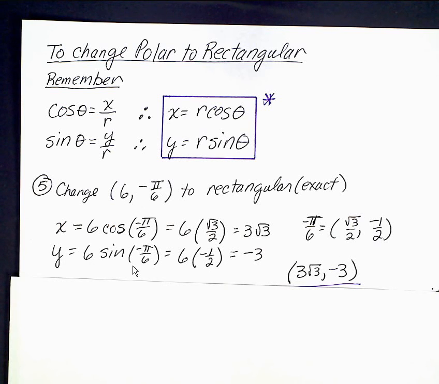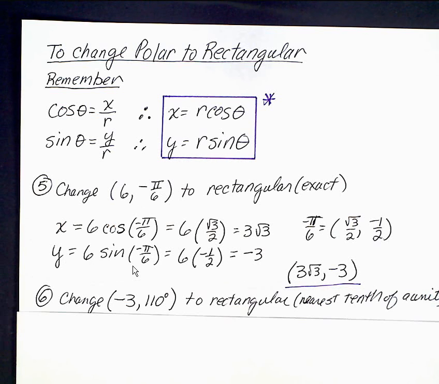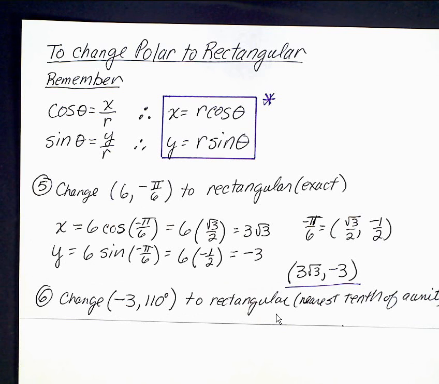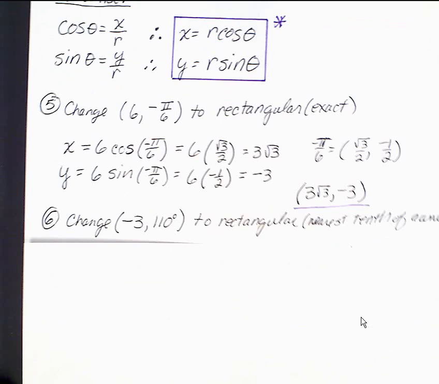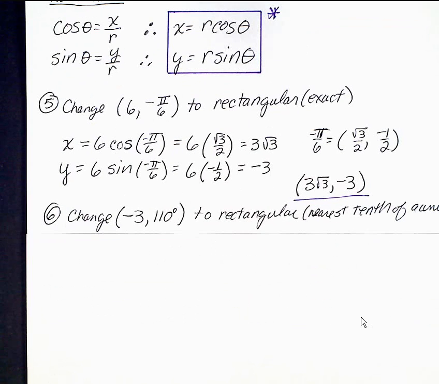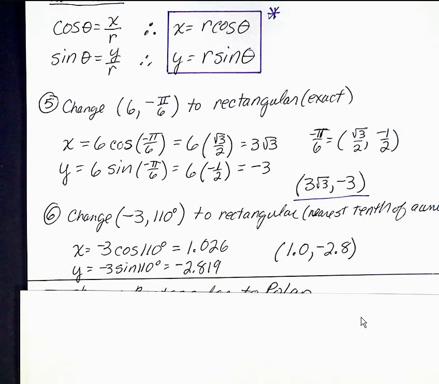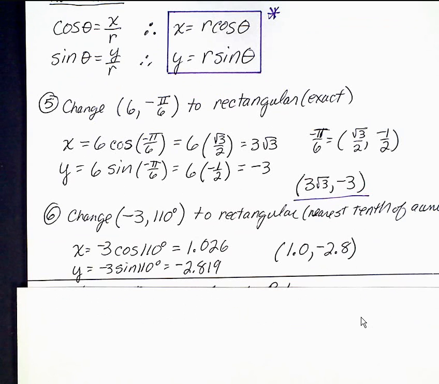All right, so let's try one more. Now let's try (-3, 110 degrees) to the nearest tenth of a unit. This is where you would just use your calculator and plug it in. If we punch it into our calculators, you're going to get x equals -3, because that is our radius, times the cosine of 110. That will be a negative value, so a negative times a negative, when you punch it in your calculator, is going to be 1.026.